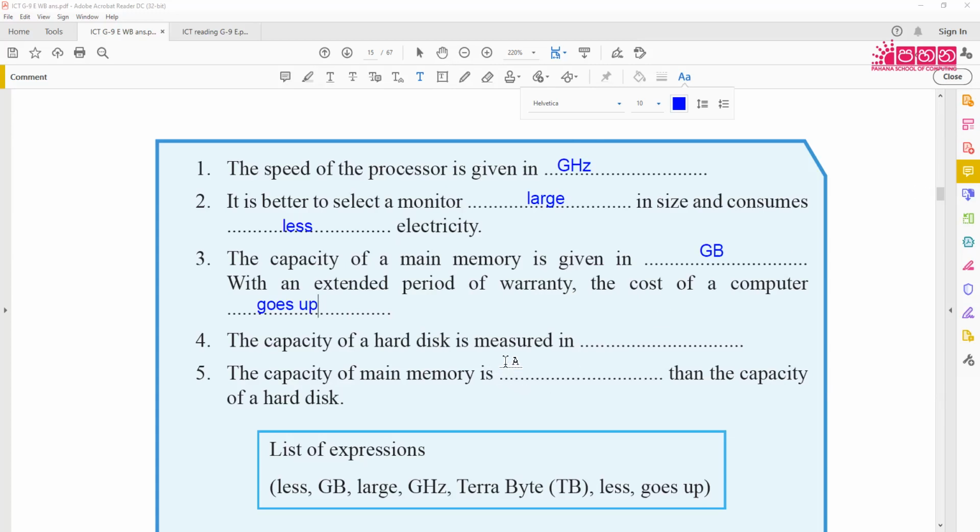Right, next one. The capacity of a hard disk. So we discussed that the memory is in gigabytes. Then we are left with, yes, terabytes. So usually the capacities are 250 gigabytes or 512.